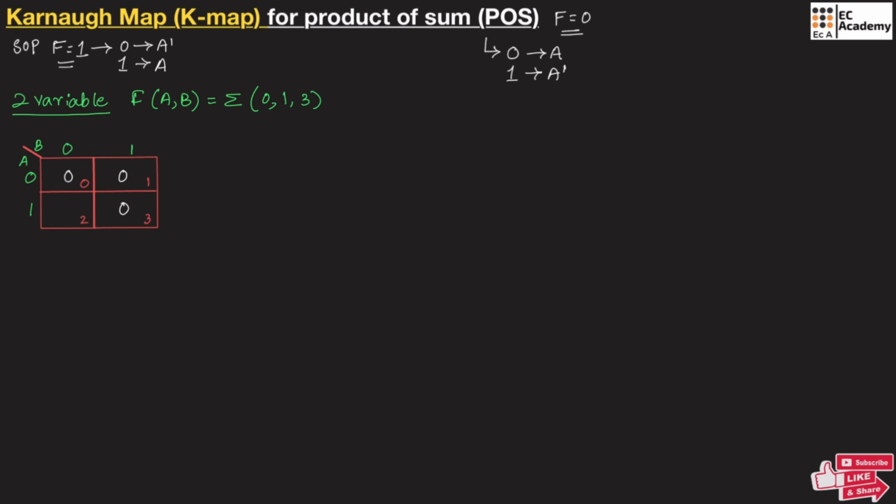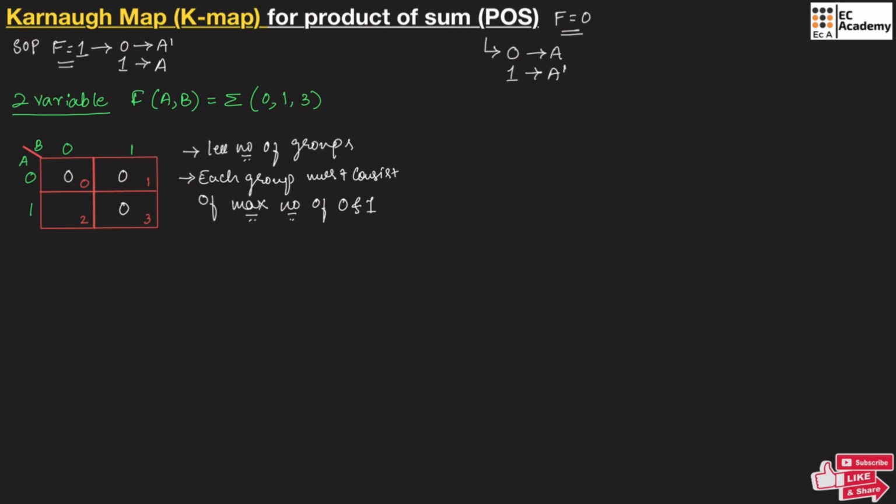While grouping the zeros, or while grouping the ones in case of sum of product, you need to remember: you need to make a smaller number of groups, and each group must consist of the maximum number of zeros and ones.